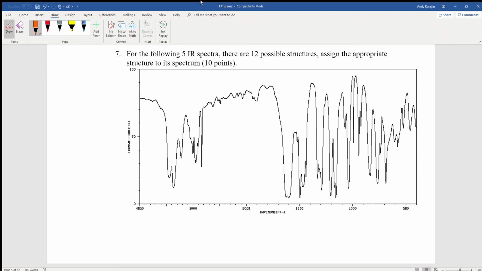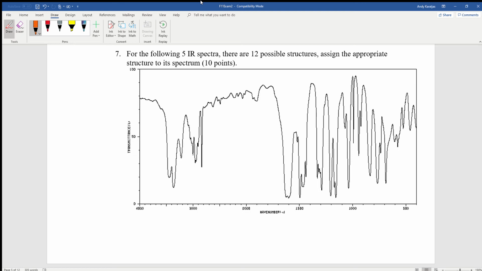Question 7 is going to be a little bit more challenging to show in this format. So I'm going to approach this a little bit differently than I might normally approach this problem, just for the ability to be able to explain it here. What we have here are 5 infrared spectra. At the end of this question, there's 12 possible structures.